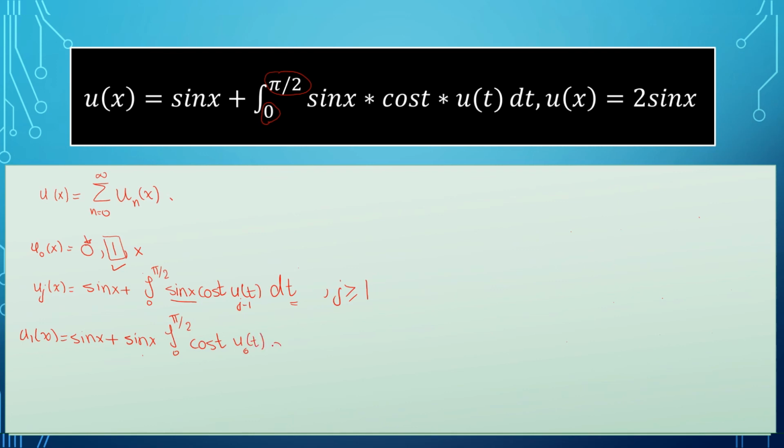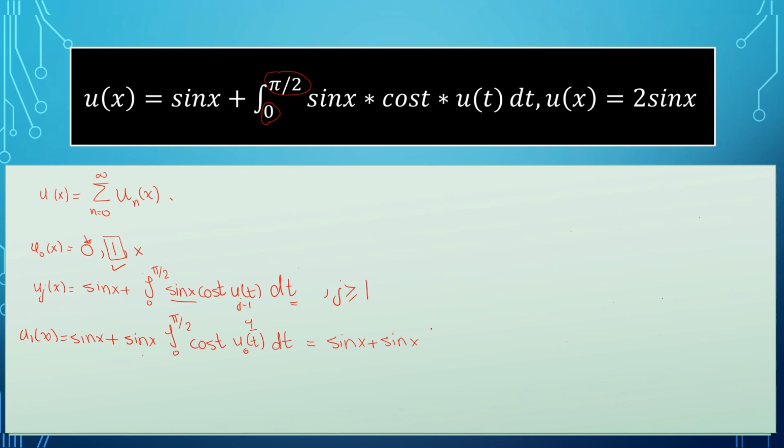What's our u naught of t? Is 1. Okay, so our u naught of t is 1. What's the integration of cosine t? The integration of cosine t is sine t. Okay, so we can write sine x plus sine x.